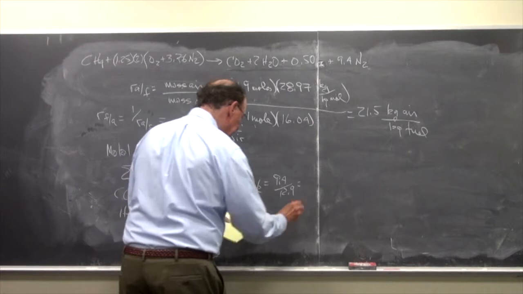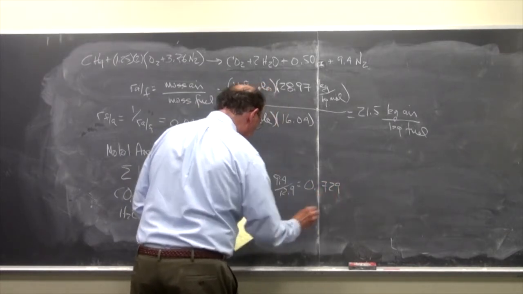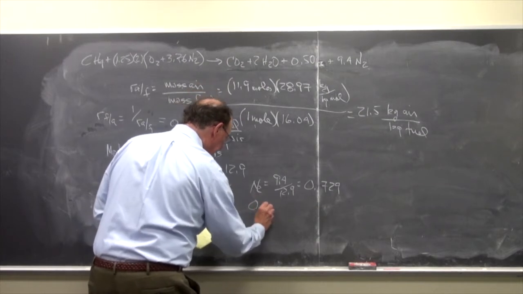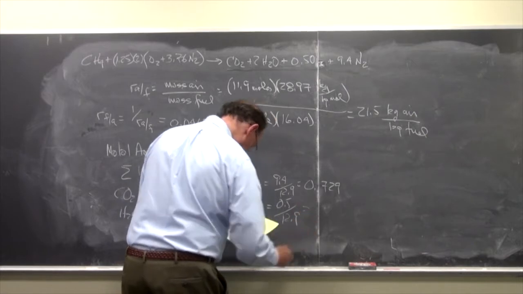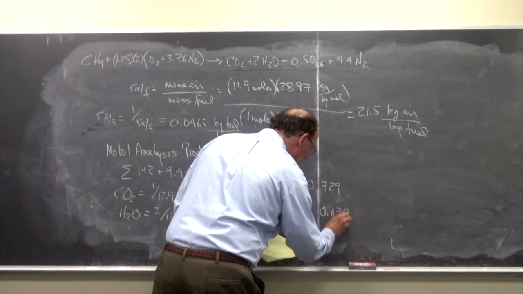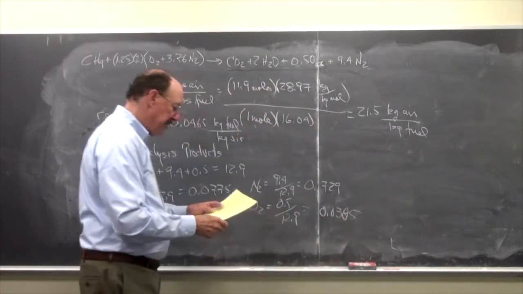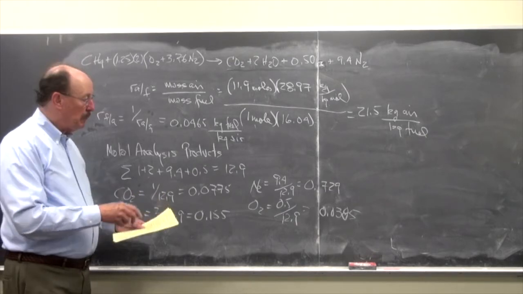So this is equal to 0.729. And for O2, it's 0.5 divided by 12.9, and that's equal to 0.0385. So this gives us what the molal analysis of the products are.